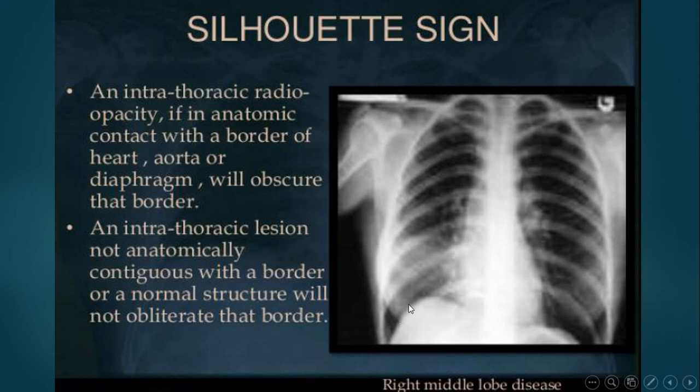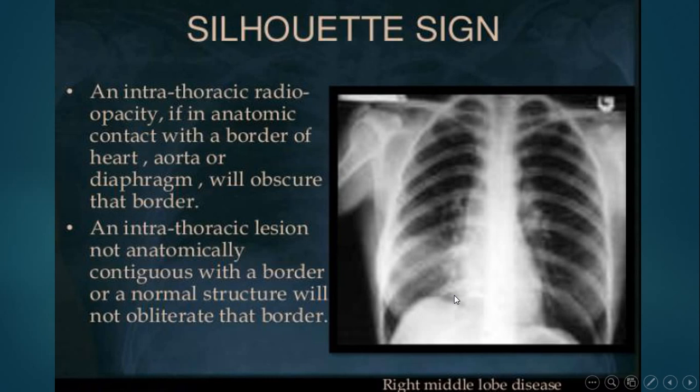Okay, this is a right middle lung lobe consolidation. If we see the diaphragm and do not see the right side of the heart, this indicates a right middle lobe pneumonia. While if the diaphragm is silhouetted and the right heart border is well defined, this indicates a lower lobe pneumonia.